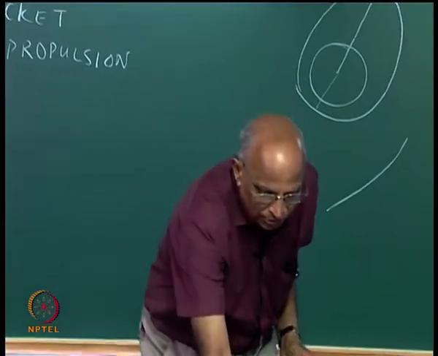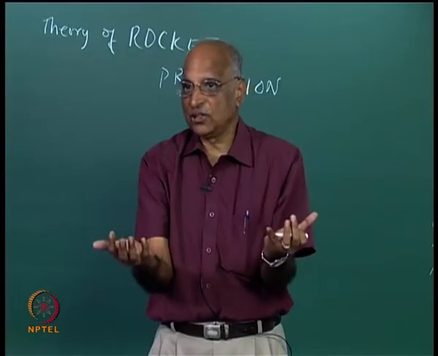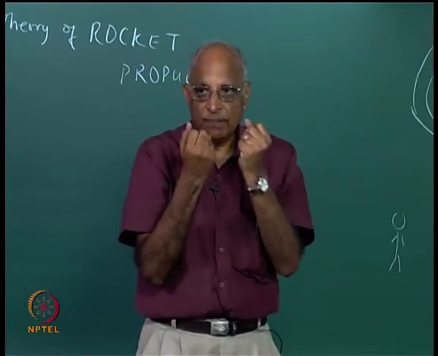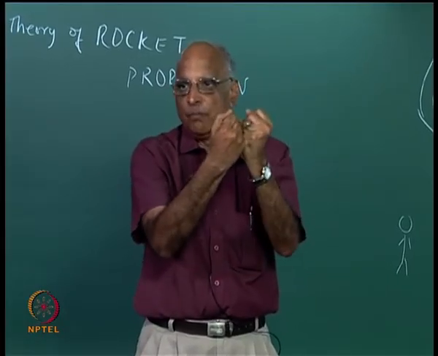And the type of velocity it gets, if you really see, is that it pressurizes to around 0.4 times the atmosphere, and then in one squirt, when it pushes out, it is able to leap something like 50 meters and gets a velocity of something like 2.5 kilometers per hour. It is quite phenomenal, in water which is viscous itself. It is able to go at that speed because of the gradual release of pressurized water from its mouth.